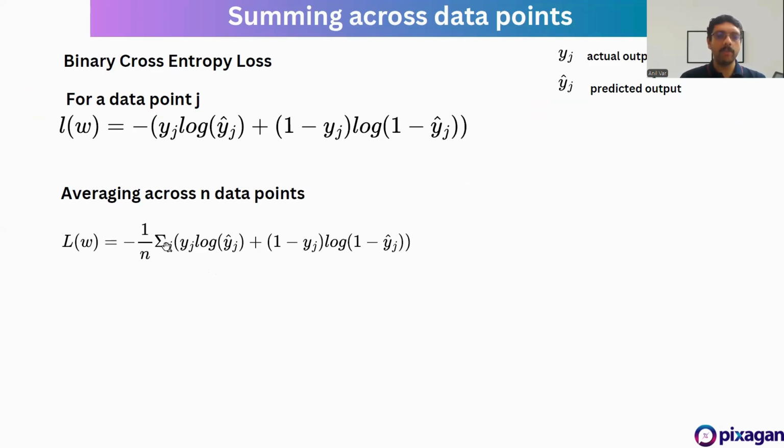We take this for a data point, but now we sum it across the different data points and divide by the number of data points, effectively averaging across them. This is called the binary cross entropy loss. And if you take a more general classification problem, which we will take up when we get to a full neural network in a couple of lectures, you would have a cross entropy loss with multiple classes.